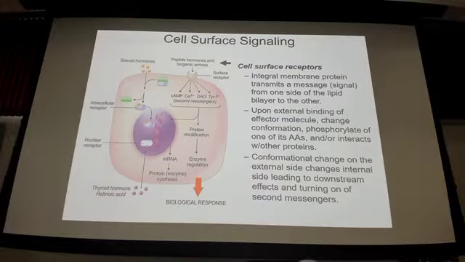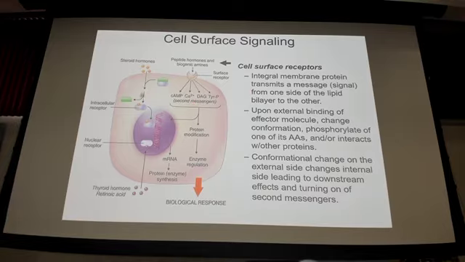Then we have cell surface signaling. So this is what happens when the receptor is found on the surface of the cell, and what happens is a ligand will bind to that surface receptor, causing a number of signaling cascades, either cyclic AMP, calcium increase, diacylglycerol, or tyrosine phosphorylation.